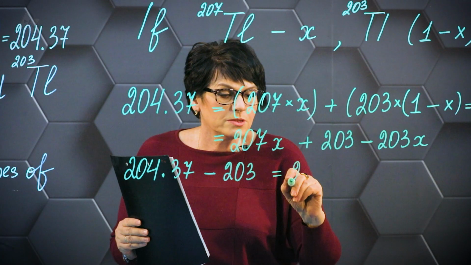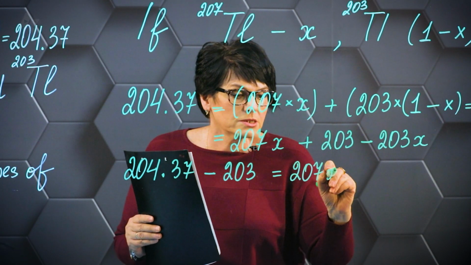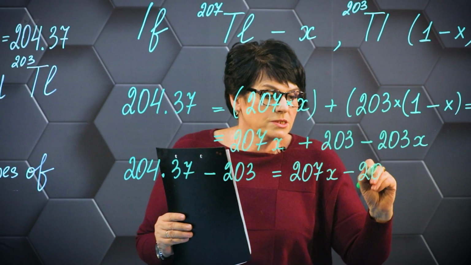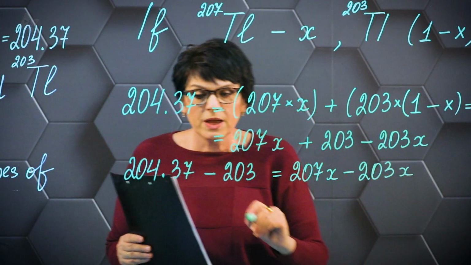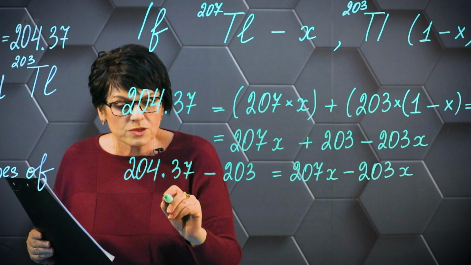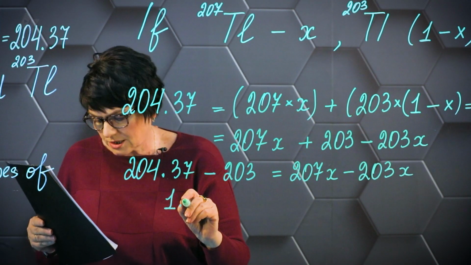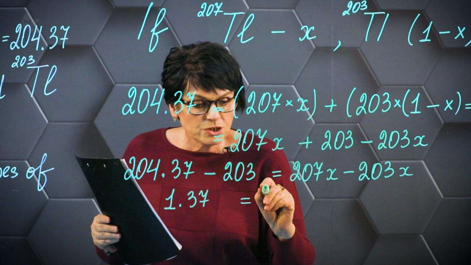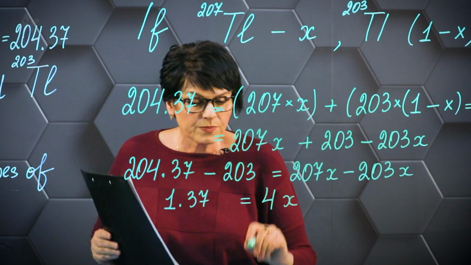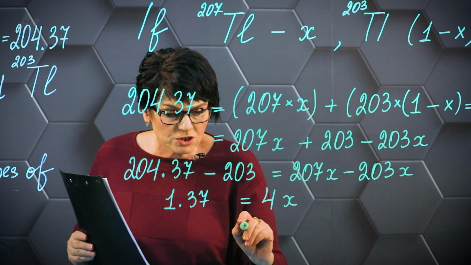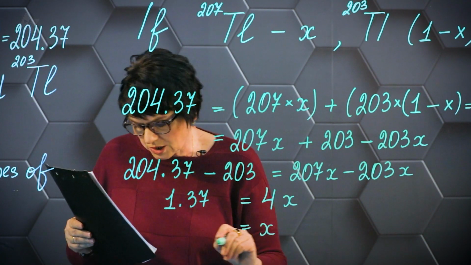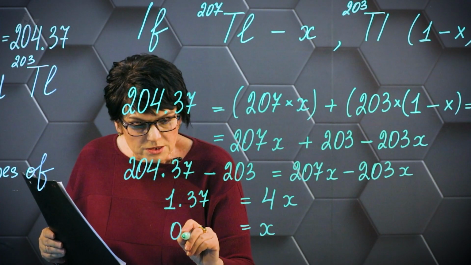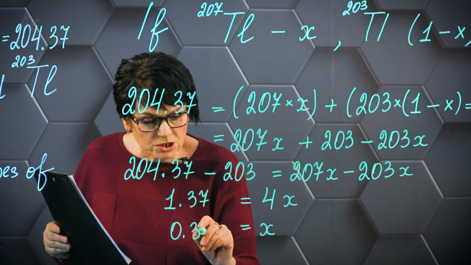You get 207X minus 203X. Then the difference in the numbers is 1.37 equals 4X. Or the value of the resulting X will be equal to 0.3475.